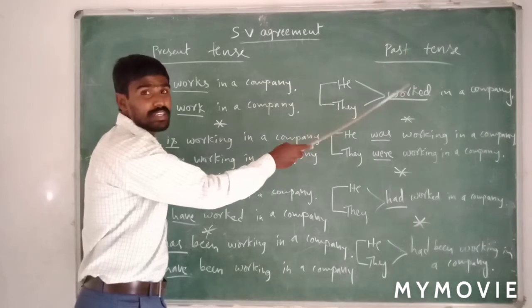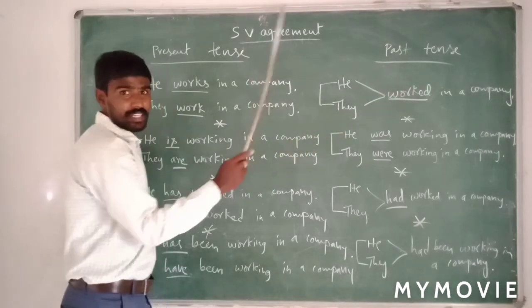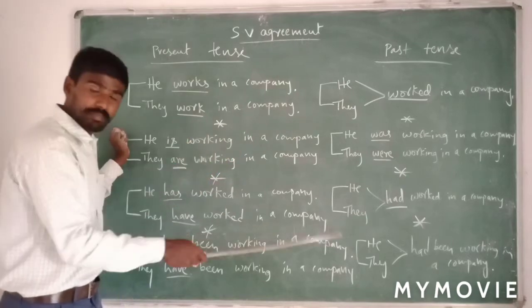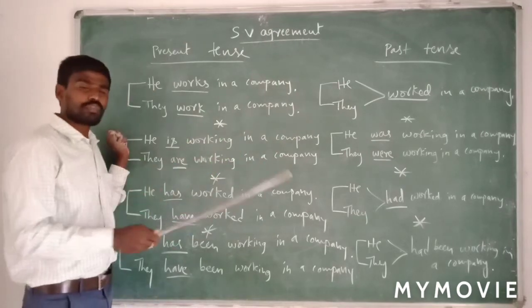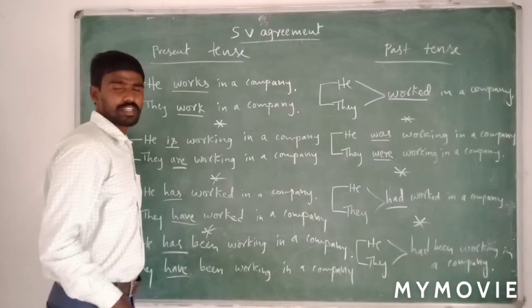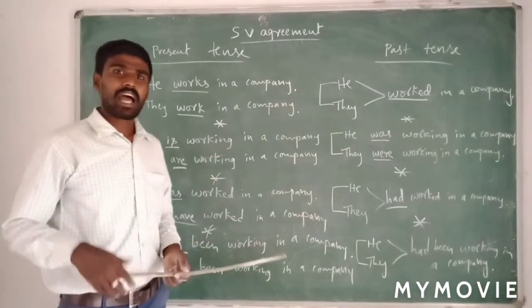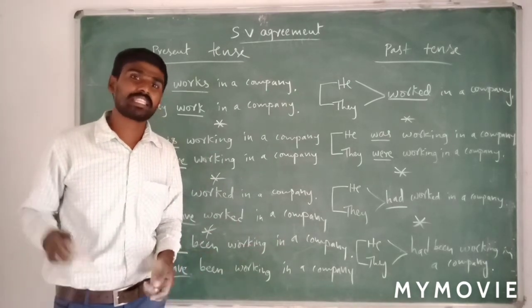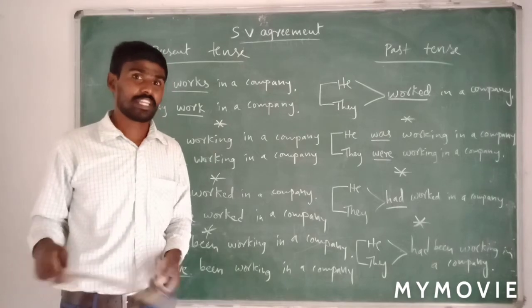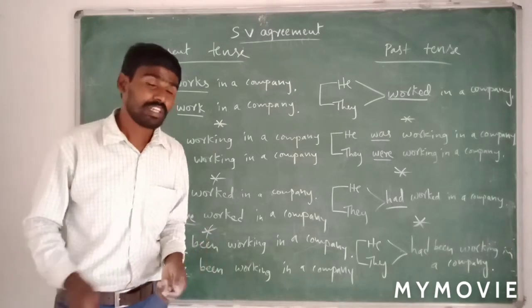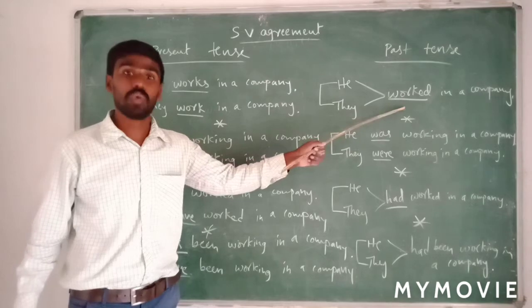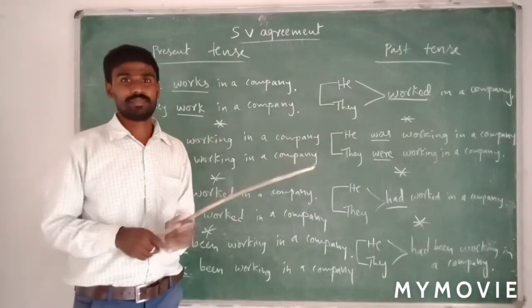So this agreement is not applied here, right? He worked there. I worked there. She worked there. They worked there. There is no difference. For all subjects there is only one common verb, that is worked, right?